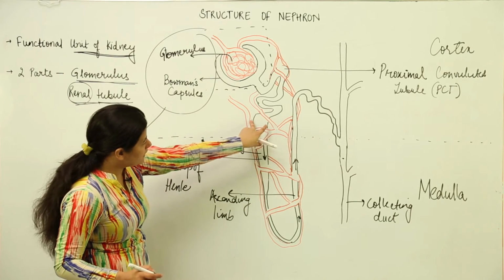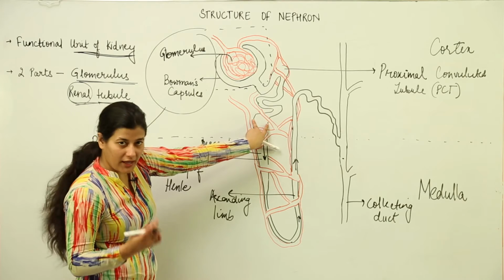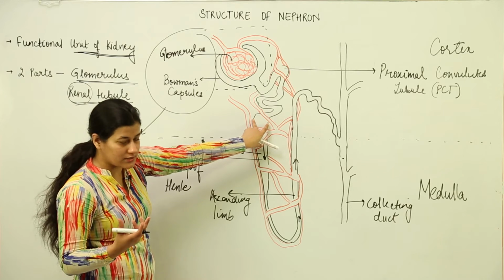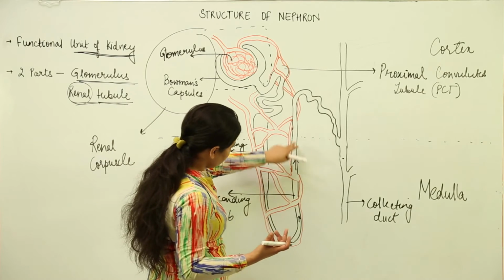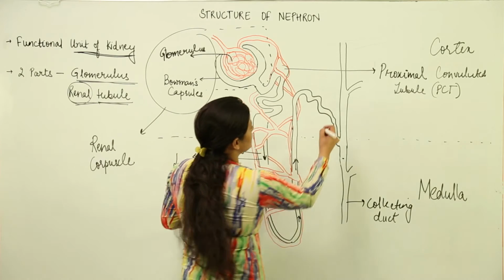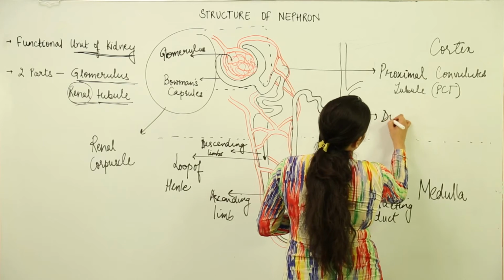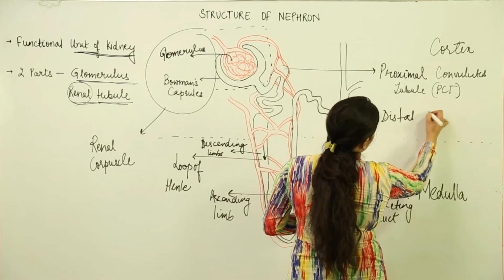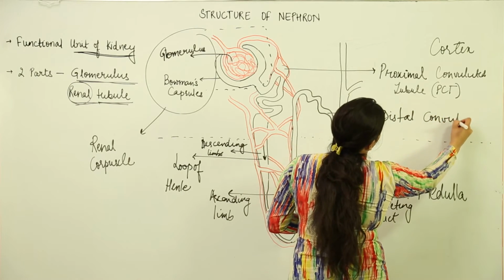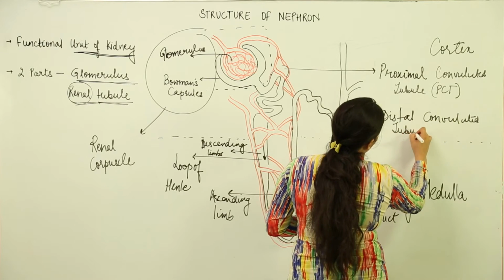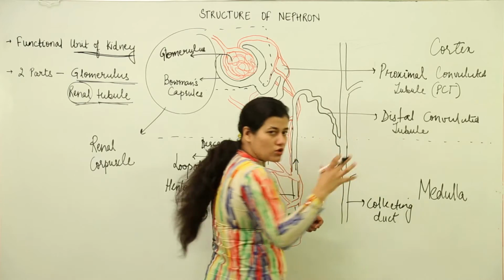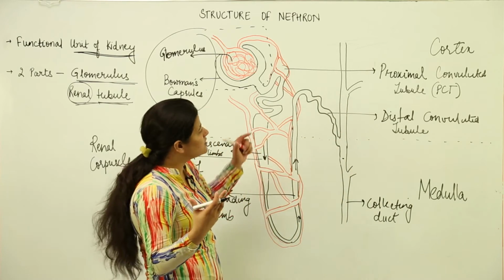As you can see, it has a greater area inside, the tubular radius is greater, then it becomes thinner and thinner, then it takes a U-turn and reaches distal convoluted tubule because it lies distal to the glomerulus. So we have distal convoluted tubule. Again, this part is highly reabsorptive and it is secretory as well.